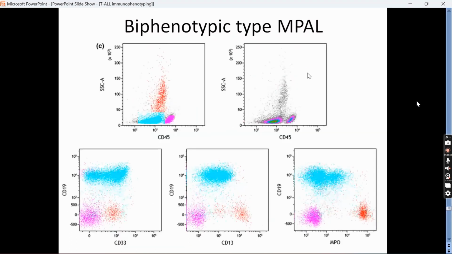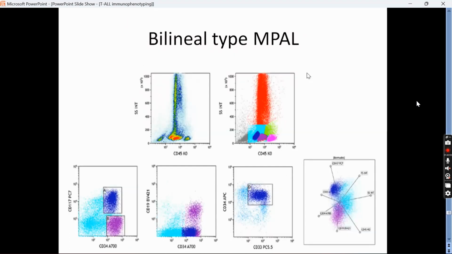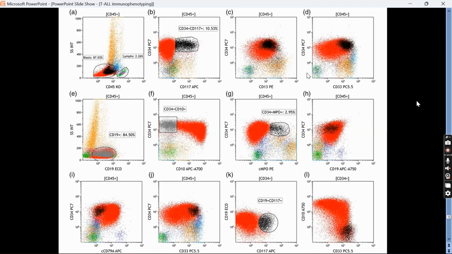Okay, so you know what is the difference between biphenotypic and bilineal. Last time we had a good case shared from Dr. Shaini, right? So this is a very similar case where we have a blast which is CD34 positive. A subset of blast is expressing 117, and the blast is expressing CD13 in a dim fashion, or if you want to call it variable, you can.